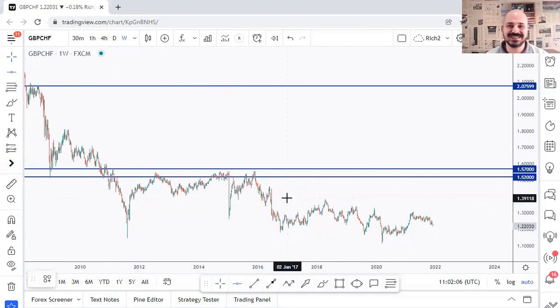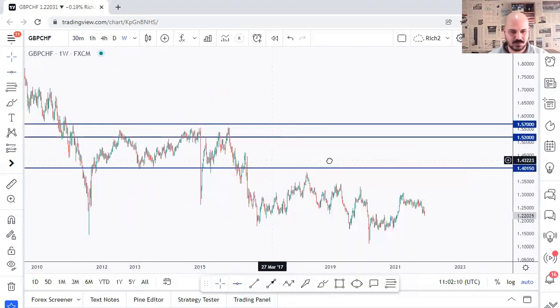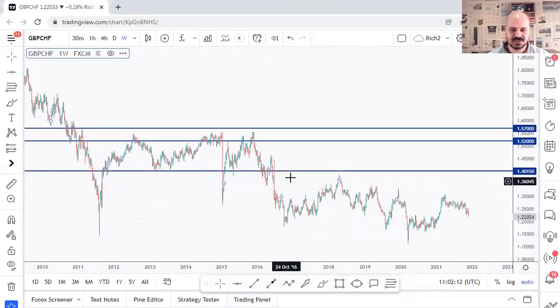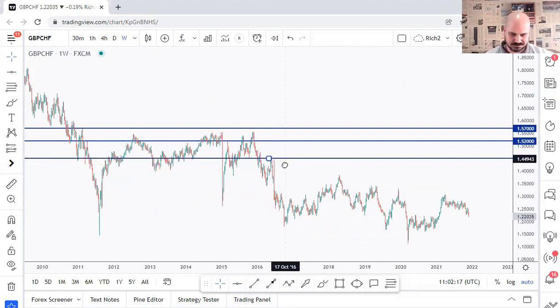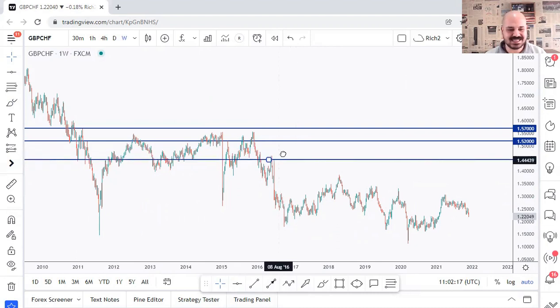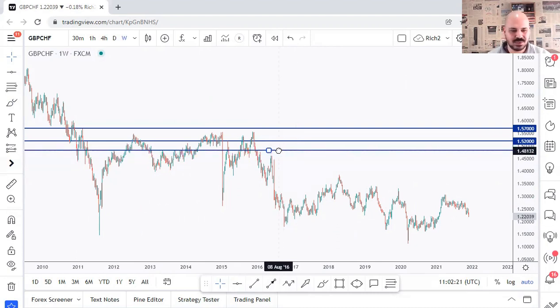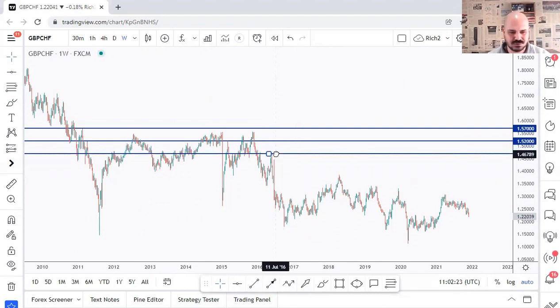Of course, now we zoom into daily time frame to do the same. But for now, let's zoom in a little bit more because we don't have any data here. So if we drag and drop it like this, we try to connect as many swings as possible. So we can draw this one, 1, 2.